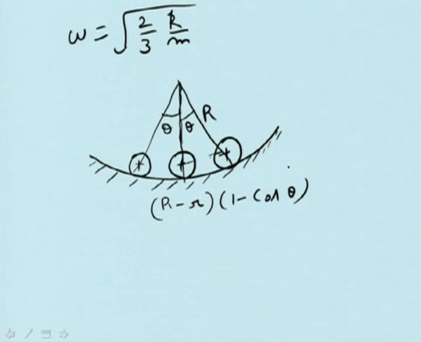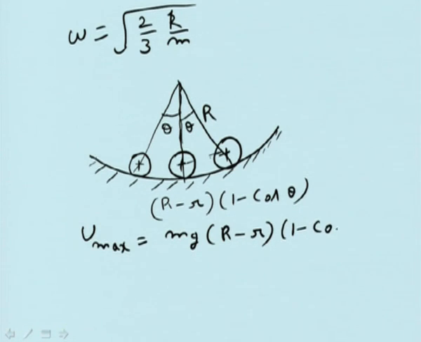Assume that the potential energy at the equilibrium position in the middle is 0. So maximum potential energy U max is equal to mg times R minus r into 1 minus cos theta. Theta is the angular amplitude.